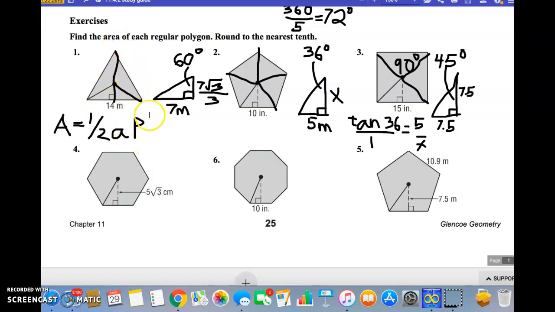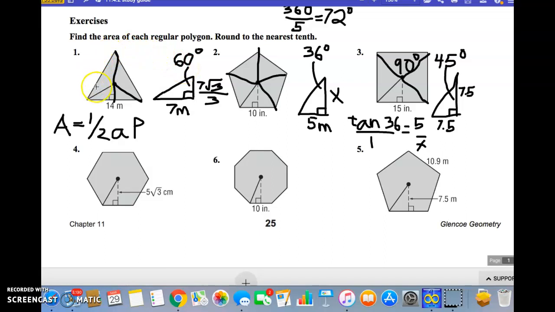So you know the perimeter already. You've got the 1/2. We just need the apothem. If I know this length to the center, that would be good. If this is 14, we know the bottom half is 7, which is here. So the apothem, which we'll have to find, is this length, but we need to find an angle first.